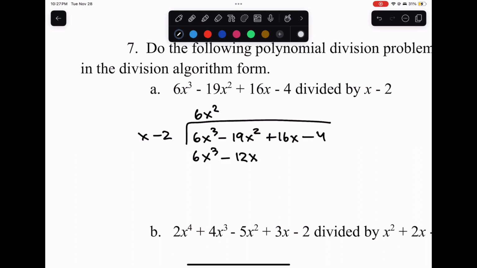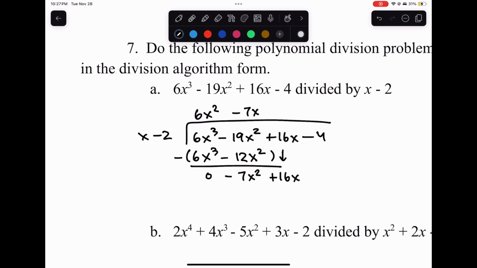And when we do some subtraction, so divide, multiply, subtract. In this subtraction stage, we get -19 plus 12, which is -7x squared. And then the next stage, bring down, which is plus 16x.